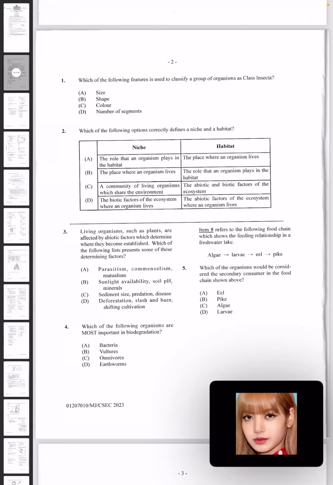Now, when you're doing the paper one, the best advice I can give you is to go through and answer all of the questions that you're sure about first. And then after that, you can take the rest of the time and go through the questions that you are not sure of. There are always going to be two answers that are close together, and it is going to be difficult to decide which one it is, but you essentially have to choose the best one.